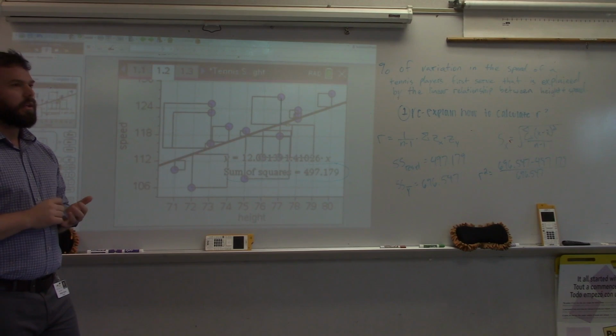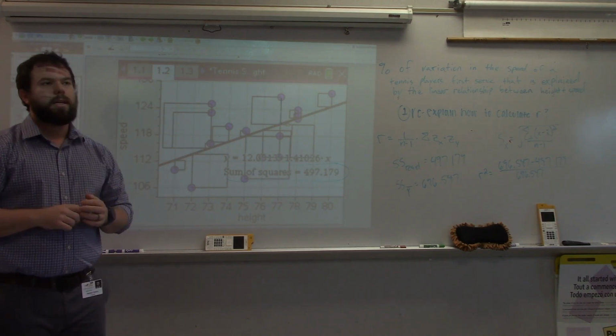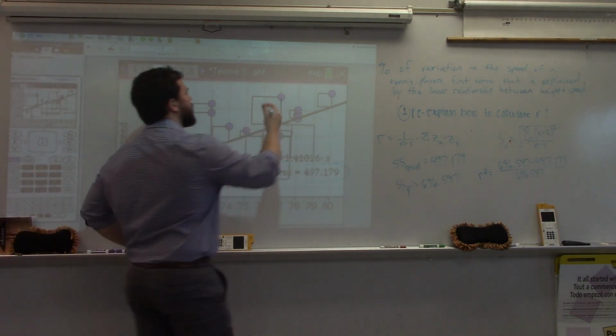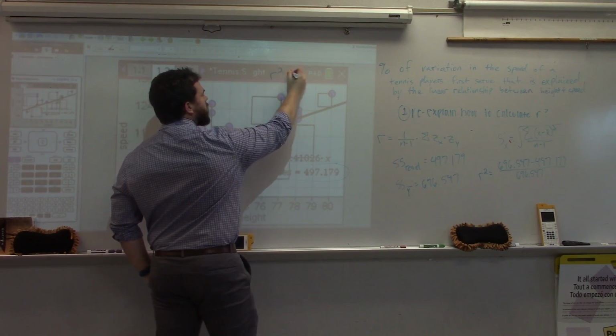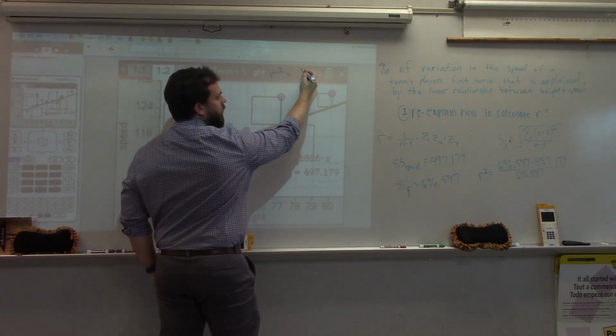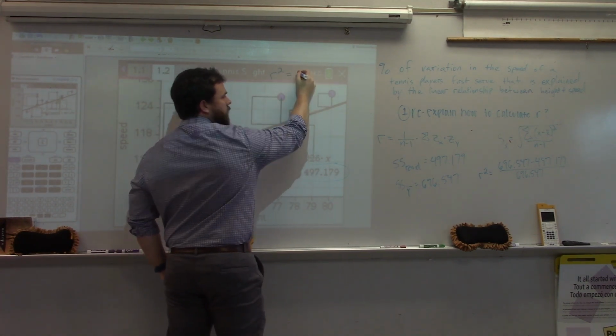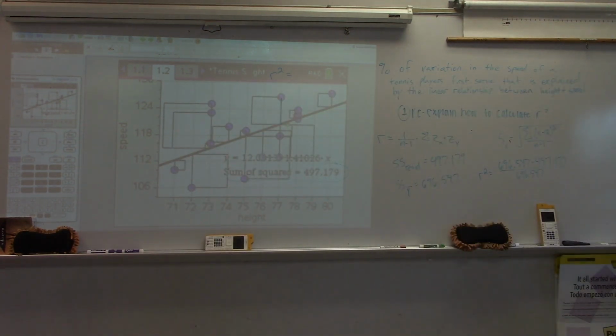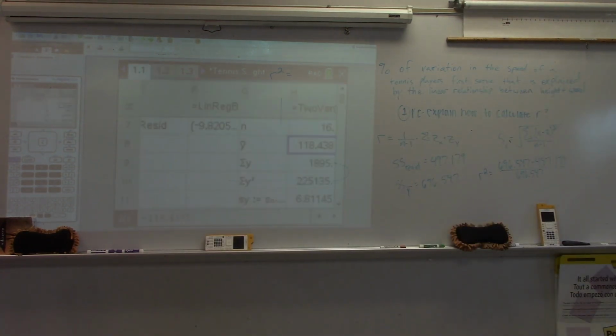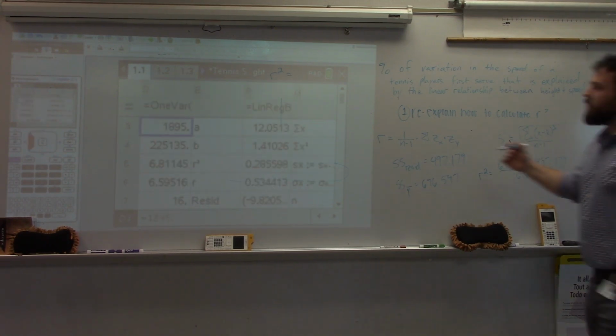Okay. So here's why it's important that it's a decimal. So R squared, I'm just going to make it up here. Okay, so R squared is 0.2856.